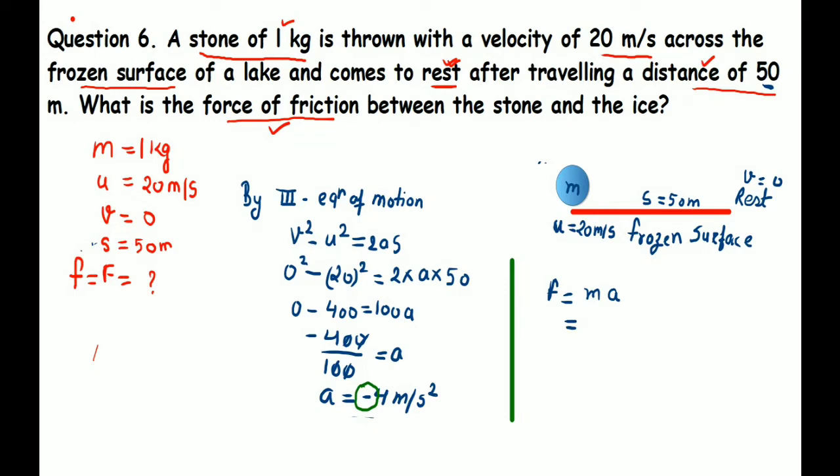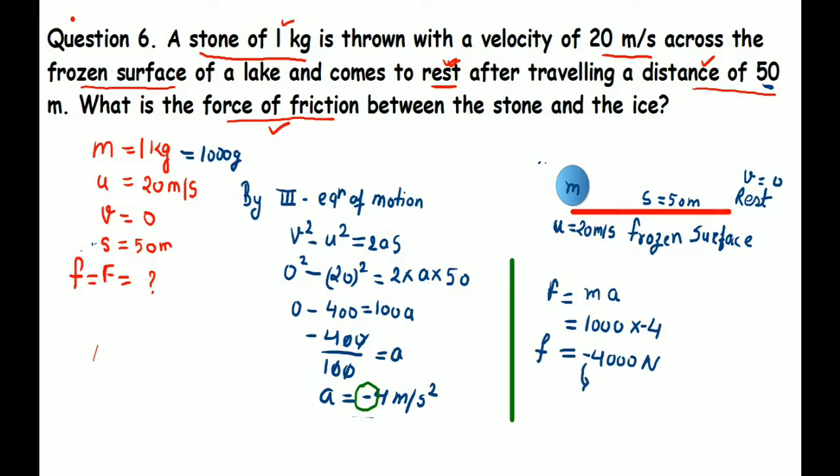Okay, now we apply the formula F is equal to ma. In place of mass, we can write 1 kg or 1000 gram. It is not needed to place 1000. If you write only 1 kg, that will be sufficient, because the unit of mass is kg only. So if you solve, you will get the answer minus 4 Newton.